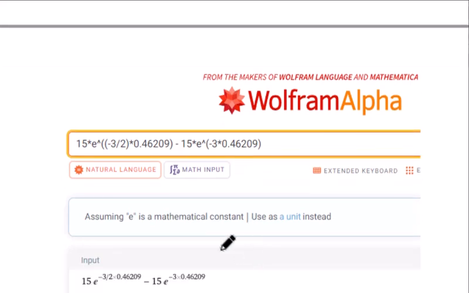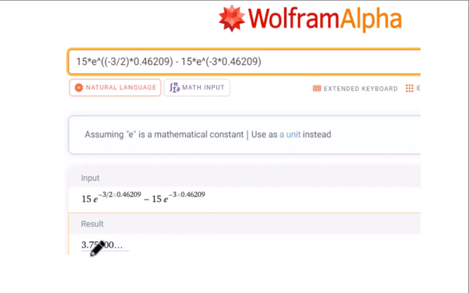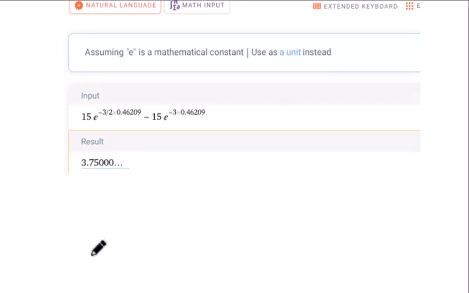Another thing you can do is just plug this into Wolfram Alpha and have it calculate it for you, keeping all the accuracy it has, and you'll see you do get 3.75 pounds. All right, so hopefully you enjoyed this stuff on eigenvalues and eigenvectors.